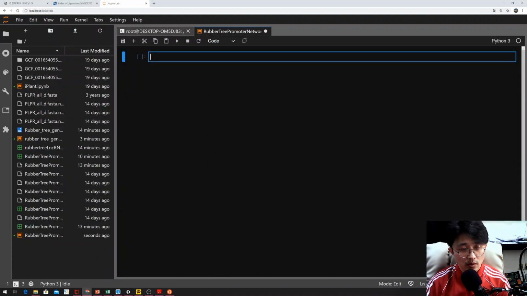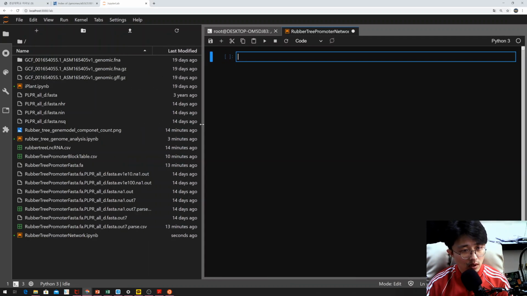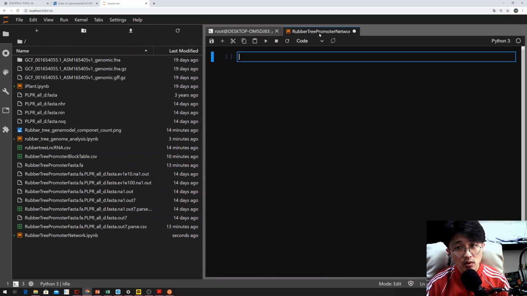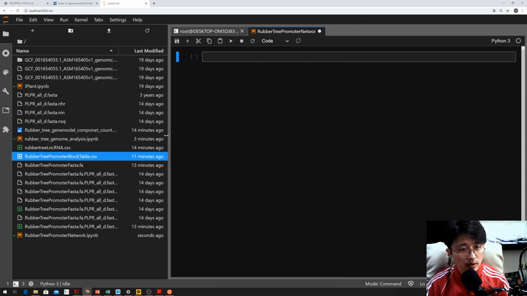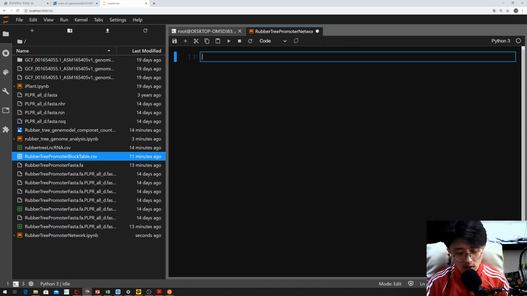Okay, sorry for the problem. So I opened a new IPython notebook because it is too slow to carry on the analysis. I will load this laboratory promoter block table. So this was our last result. So I will just load this file rather than rerunning everything.